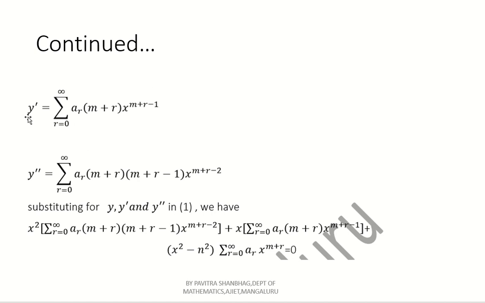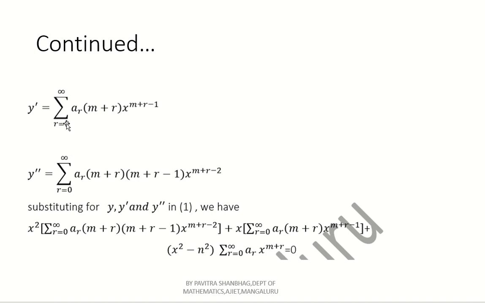To differentiate y dash, whatever is constant we keep as it is and apply the derivative rule to the function. So y dash is summation r from 0 to infinity a r into (m plus r) into x power m plus r minus 1. We need to differentiate it again.